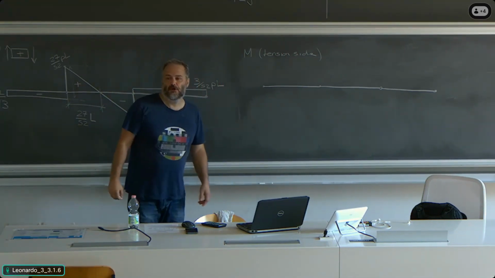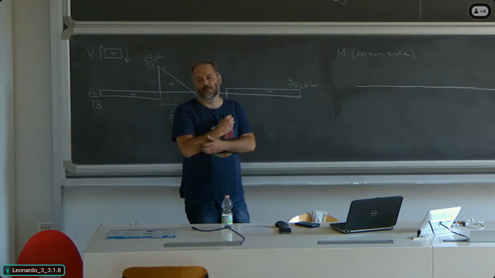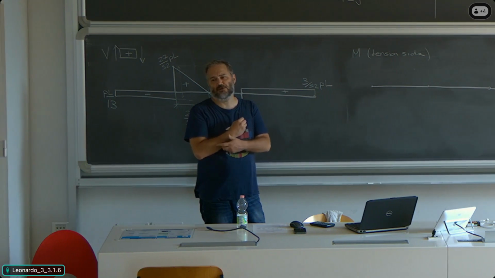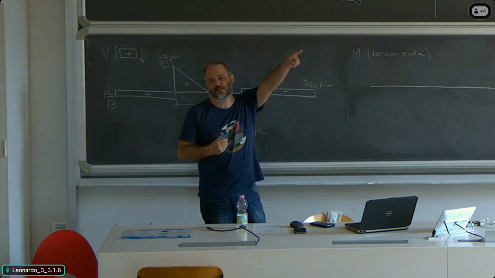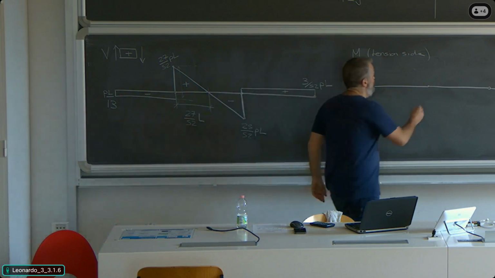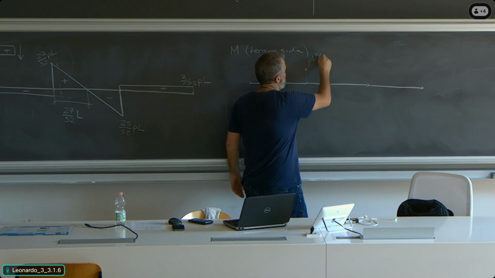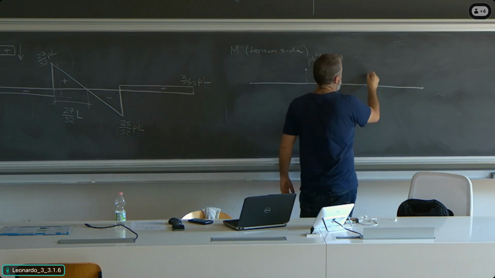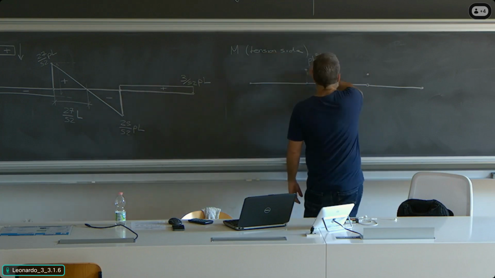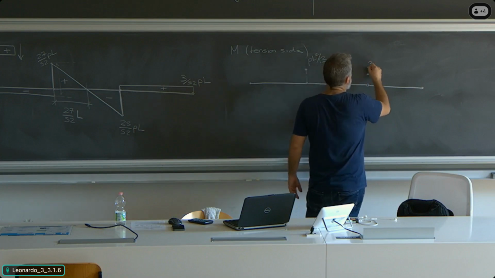What values do we know already? The moments over support B and C, both negative in the sense that the tension is at the top. Here we have 1 over 13, so this value is PL squared over 13. The ratio between the two moments, I said, is 4 over 3, so this will be 3 over 52 PL.